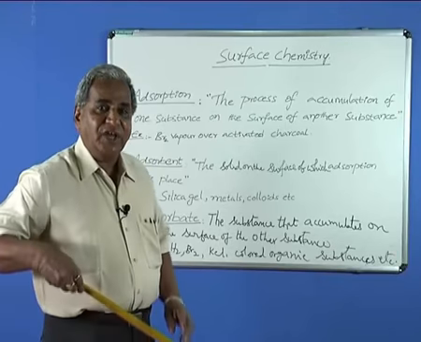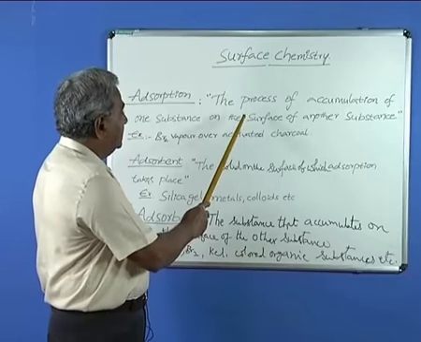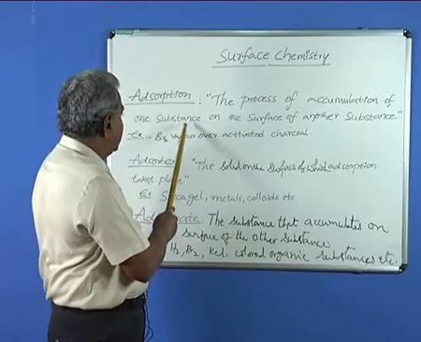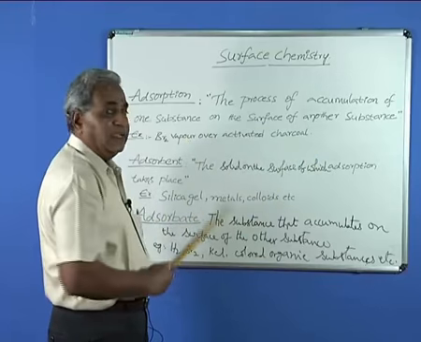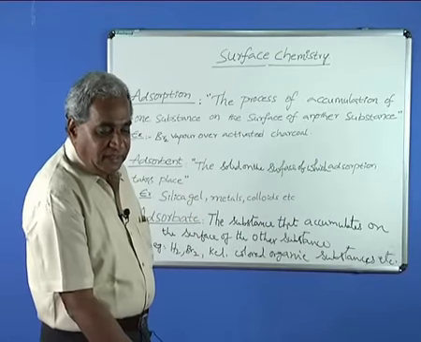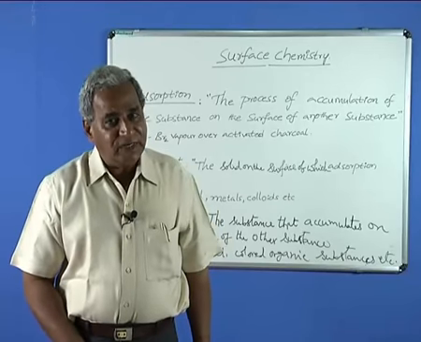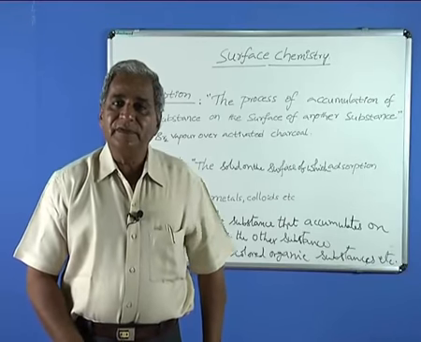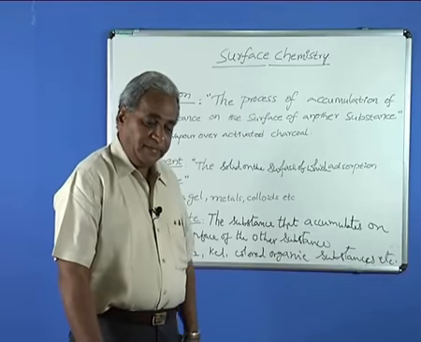Therefore, adsorption is a phenomenon where accumulation of one substance on the surface of another substance takes place. Here, bromine should be technically called with one name, and animal charcoal would be called with another name.